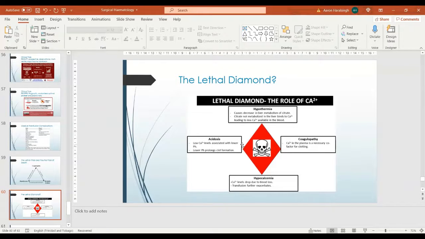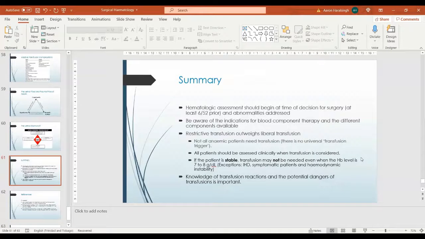Low calcium levels are associated with lower pH as well, so it can lead to acidosis, and this acidosis again can prolong clot formation. And then it's also thought that it decreases the liver metabolism of citrate if we don't have calcium around, because the citrate that is not metabolized in the liver becomes bound to calcium, and that leads to hypocalcemia as well. So giving all of those blood products does have its drawbacks.